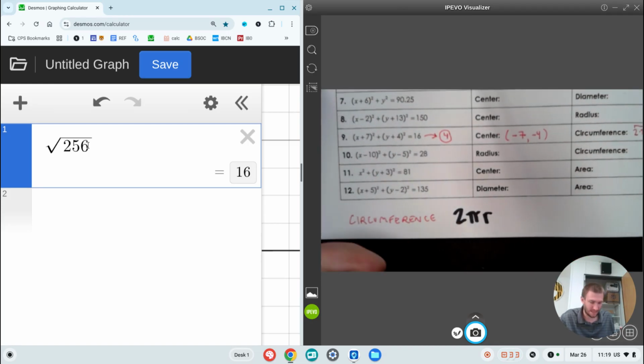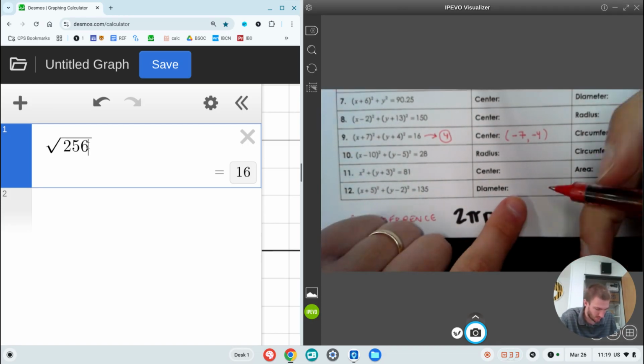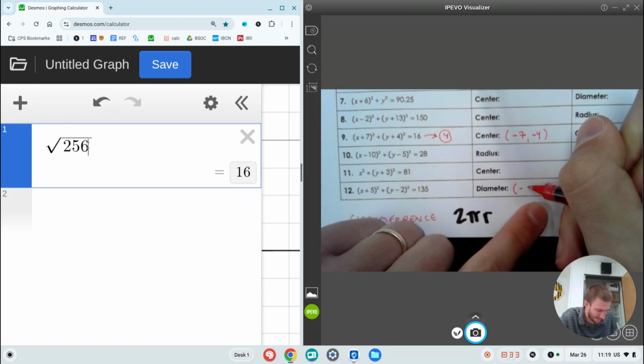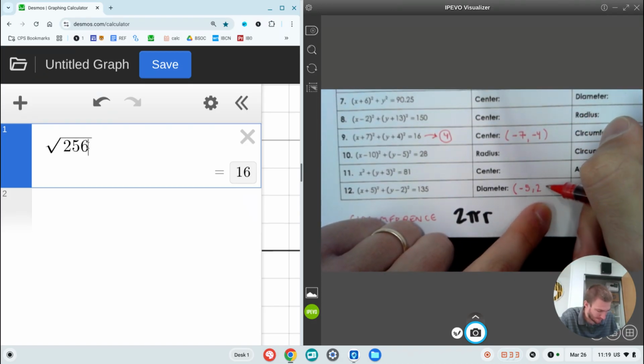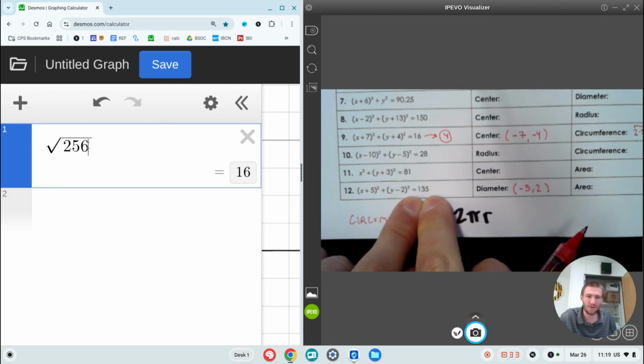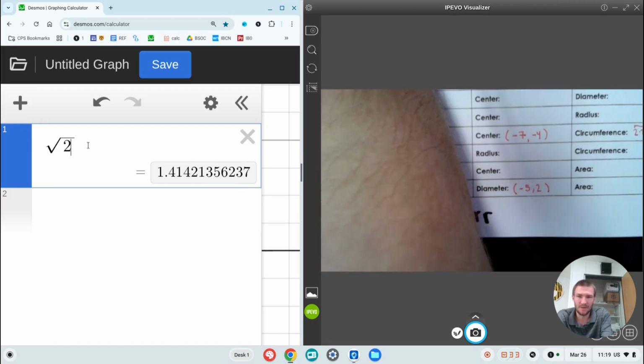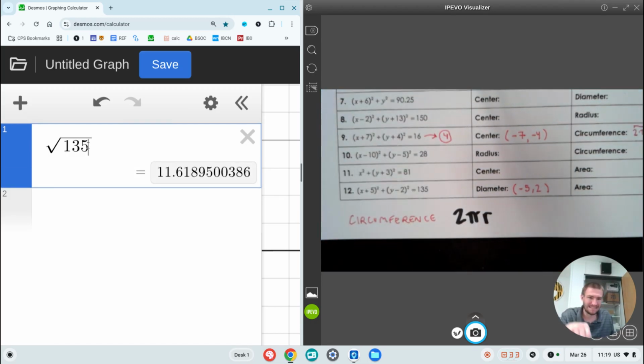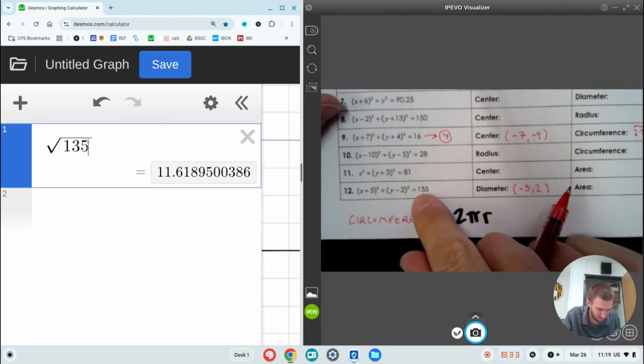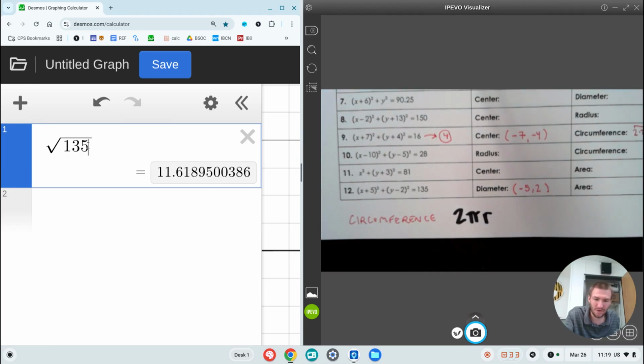The last one here at the bottom, I'll do this last one. -5, +2, 135. Now I know that 135 is not a very good number here. And so I've got my 135, which tells me 11.6.